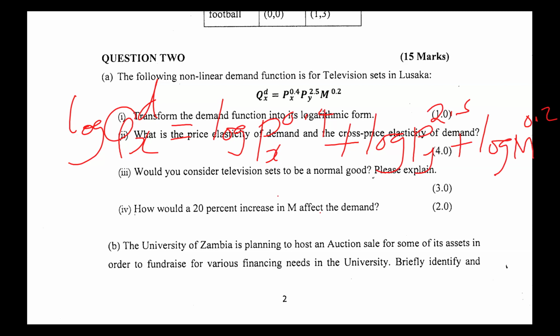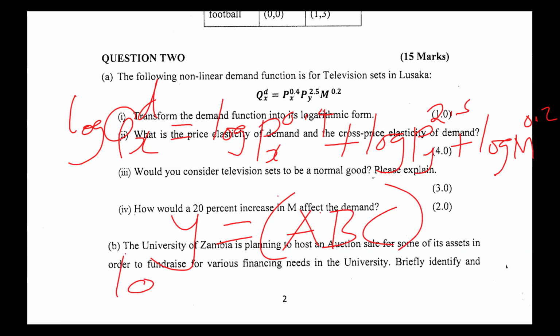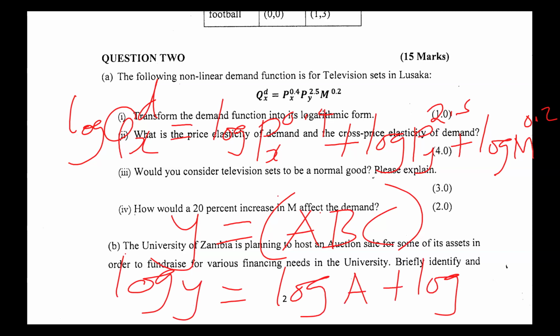So what rule did we use here? There is actually a rule of the logarithmic functions that says that if you're given a function that is, let's say, y is equal to abc, this is the same as log y equal to the log of a plus the log of b plus the log of c.